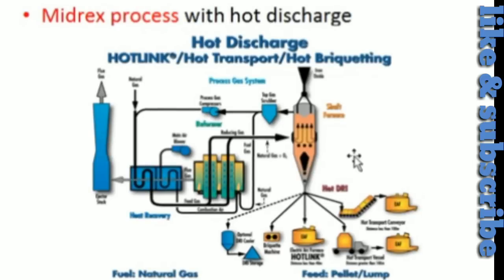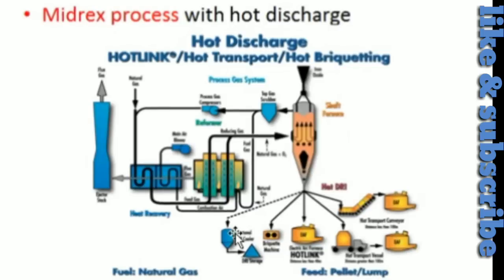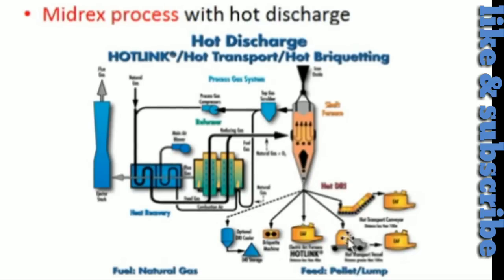This is another flow sheet where this is the waste heat boiler, heat recovery unit, this is the reformer unit, this is the reactor, and there is HBI production, CDRI production, and hot DRI directly going to EAF or transported through a vessel to EAF or through a conveyor.